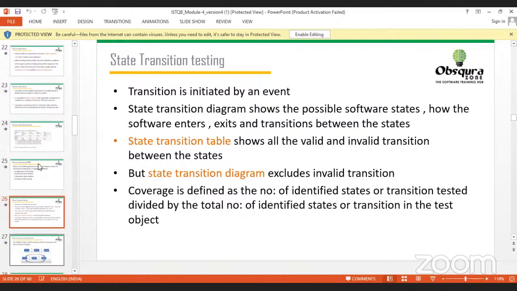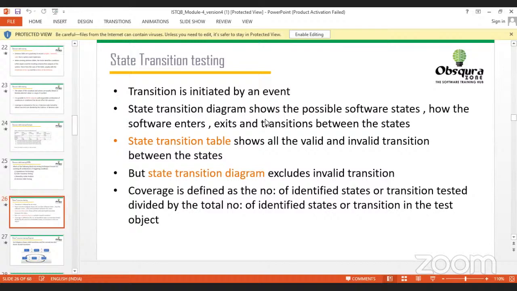Now, next is state transition testing. A transition is initiated by an event. Here we have to mainly understand the difference between a state transition diagram and a state transition table. The state transition diagram shows the possible software states, how the software enters, exits, and transitions between the states.